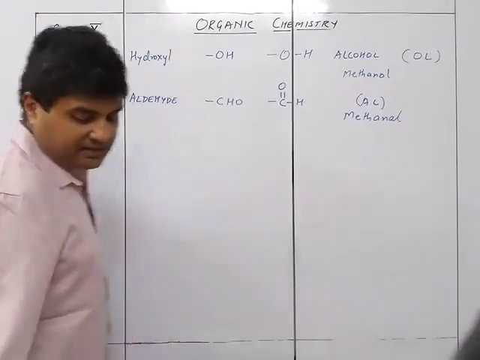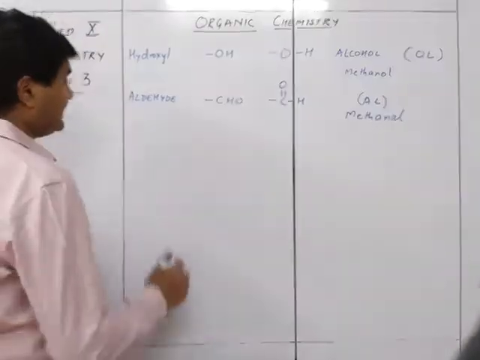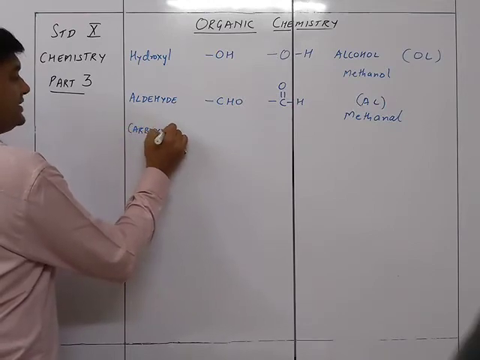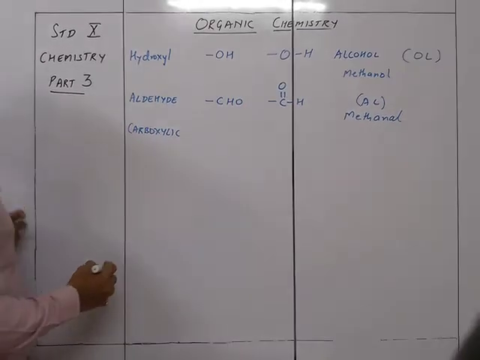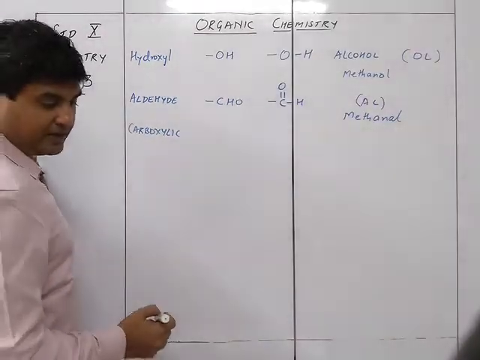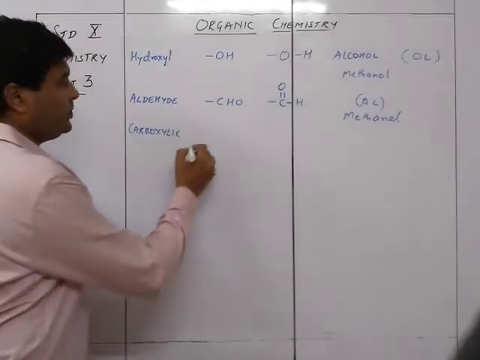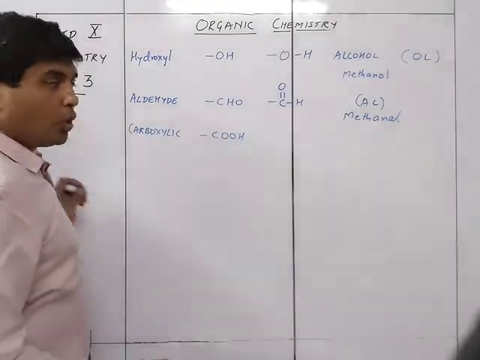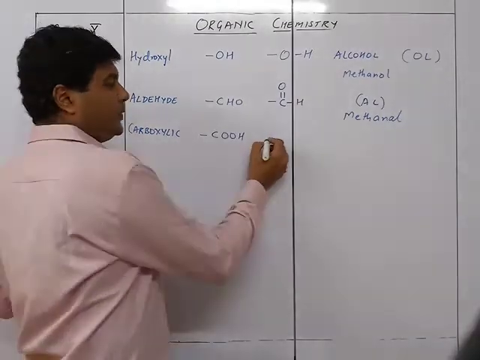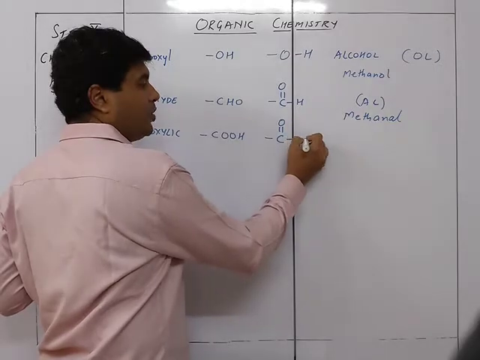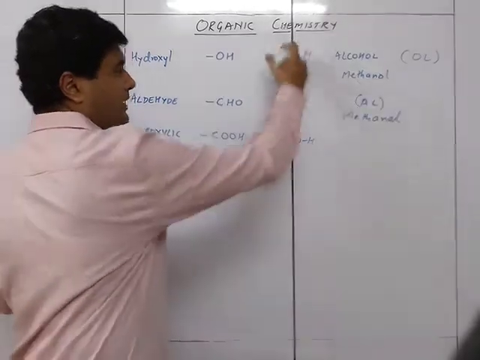The next one is carboxylic acid, or the carboxyl group, which is COOH. The structure is a C with a double bond to an O and a single bond to an OH, a combination of these two.